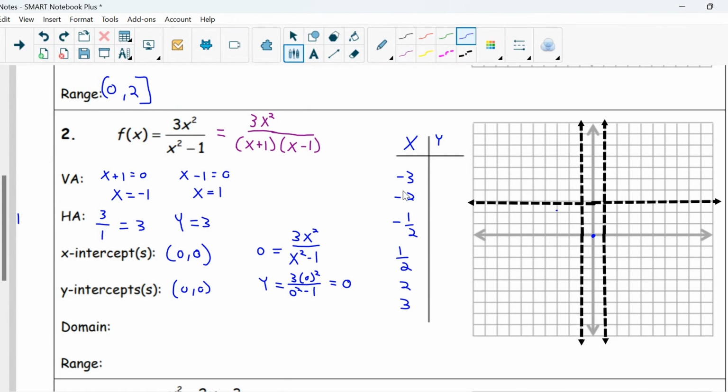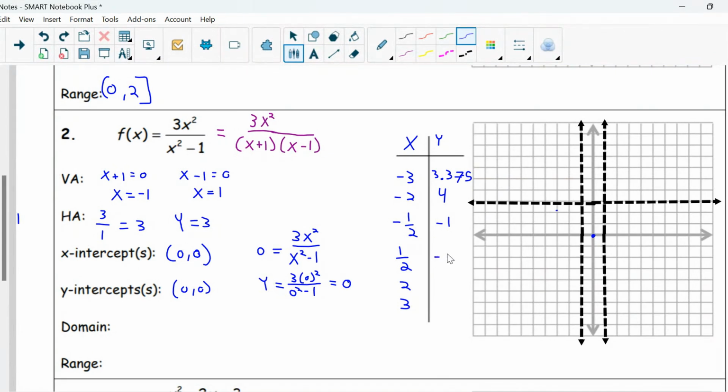So substituting in -3, I'm going to use a calculator for this one. That's going to give me 3.375. Be super careful with parentheses, especially when you are squaring a negative number in your calculator. -2 is going to give me -4. -1/2 is going to give me -1.